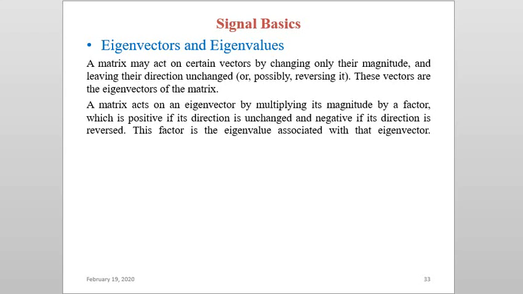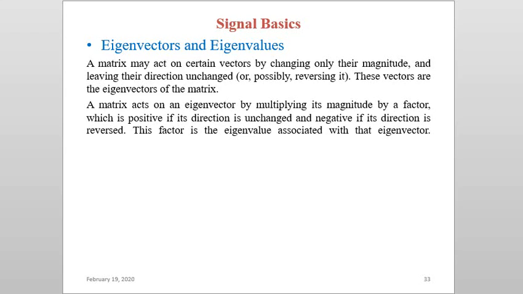Lastly, we have discussed eigenvectors and eigenvalues. A matrix may act on certain vectors by changing only their magnitude and leaving their direction unchanged.